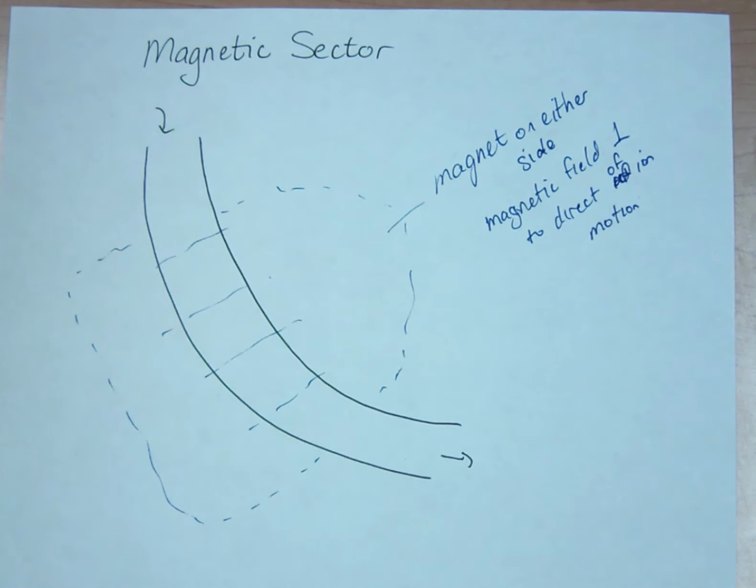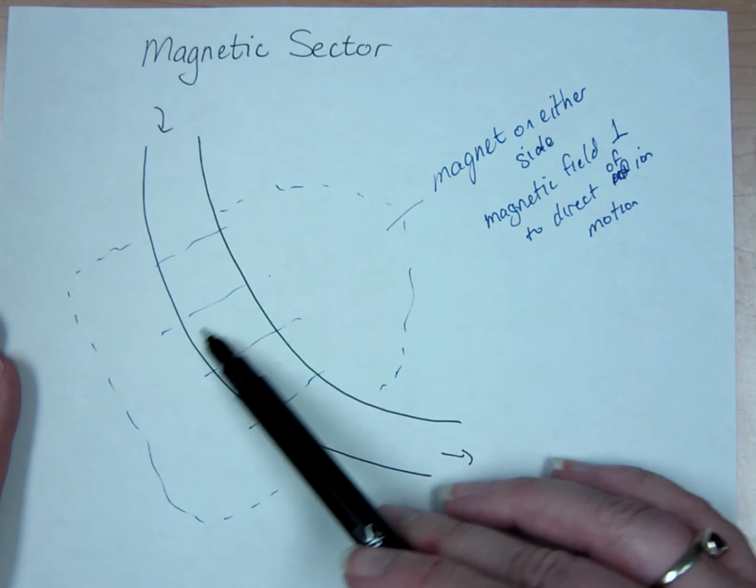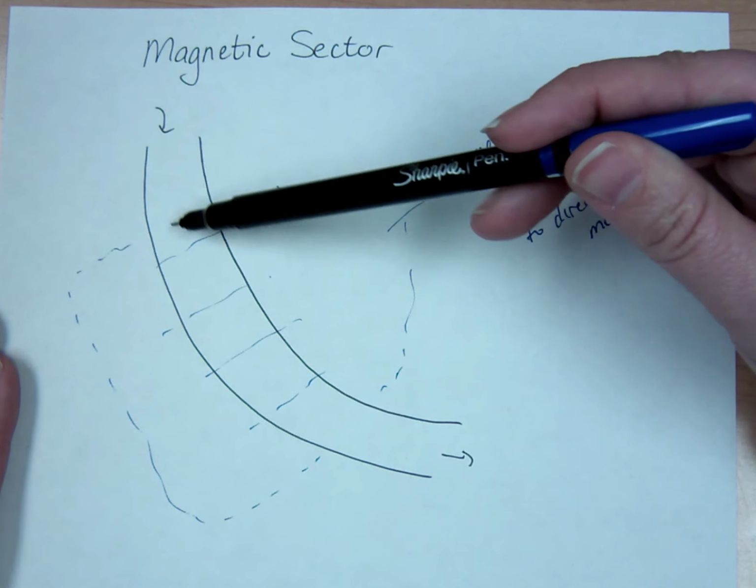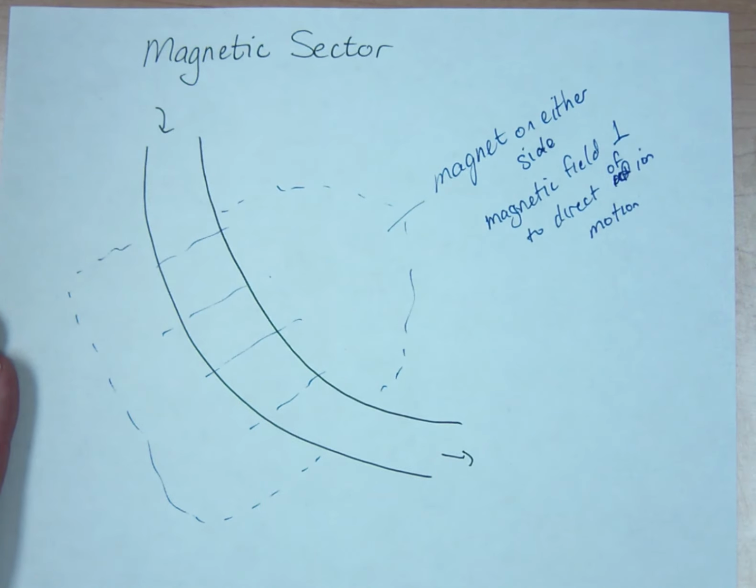All right, so what does this do? It's going to ultimately result in this curved path, because this magnet is going to be drawing the ions towards the inside. If the magnetic field is going to push them towards the inside, you can imagine that instead of going straight down, they're going to be pushed and have a curved motion.